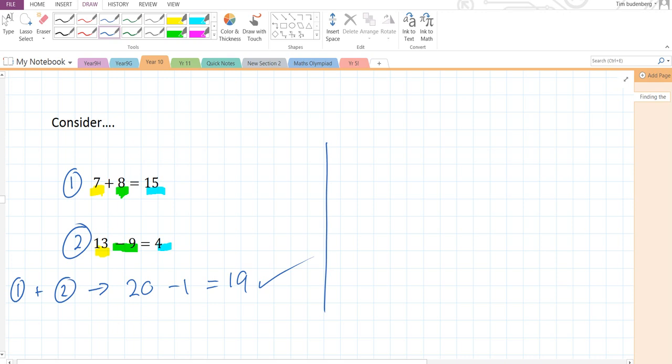Even more incredibly, we can take one equation, say equation 1, and we can multiply it by 2, and that leads us to 2 lots of 7, which is 14, plus 2 lots of 8, which is 16, and that is going to equal 2 lots of 15, which is 30. Alright? And then if we wanted to, we could take this new equation and add on equation 2, and so on, and we would keep creating new equations.